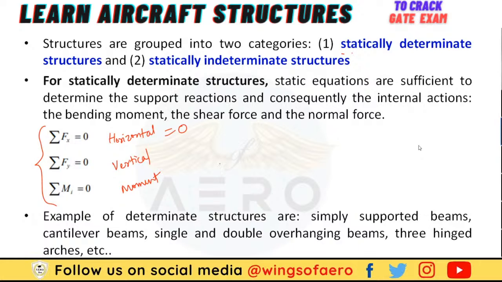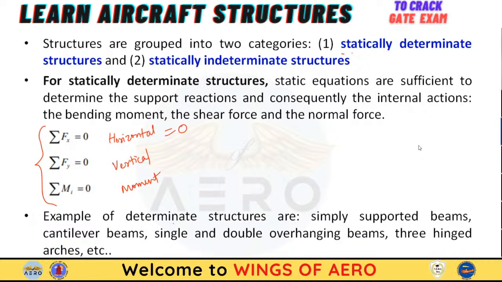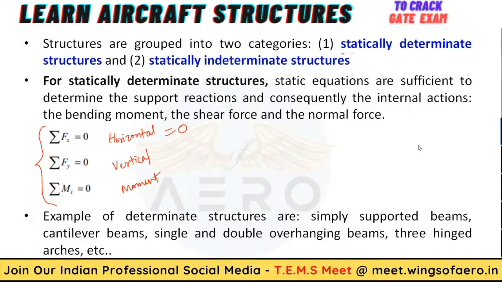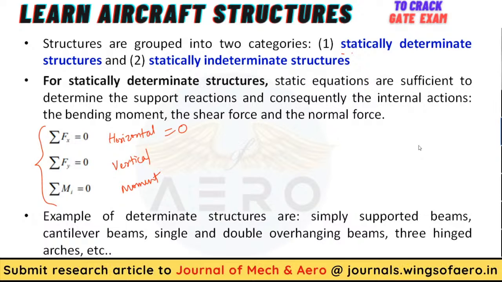It is always asked which of the following structures are determinate. So you should know: simply supported beam, cantilever beam, single and double overhanging beam, three-hinged arches.